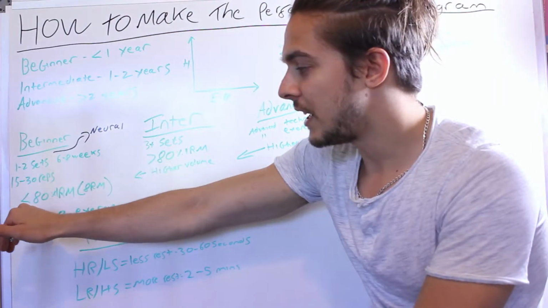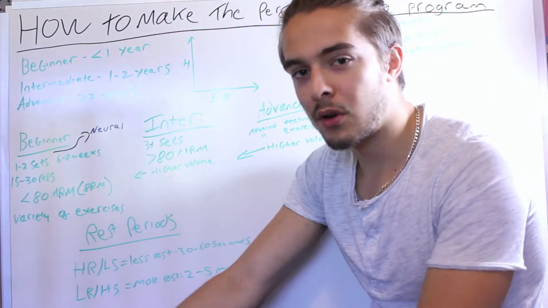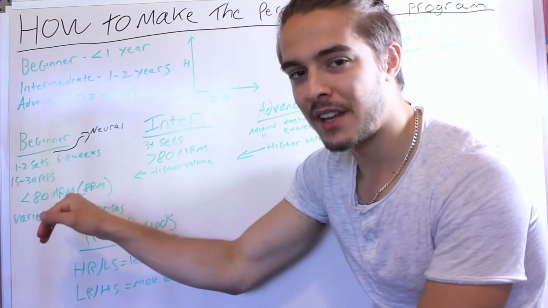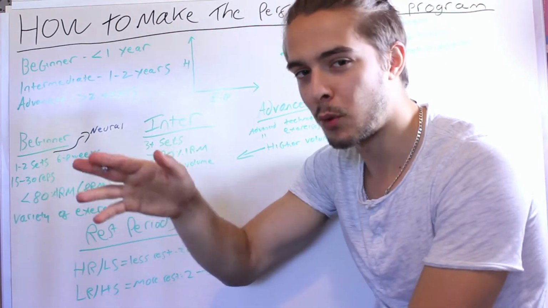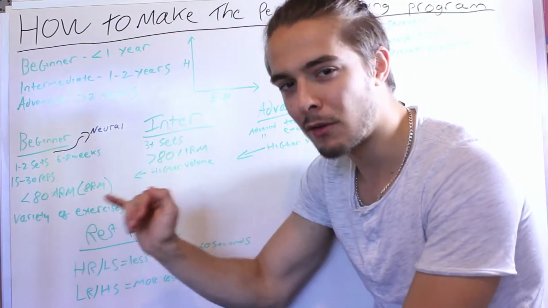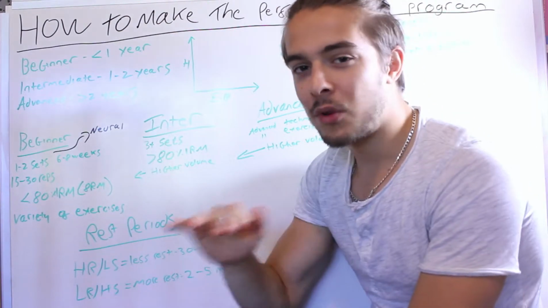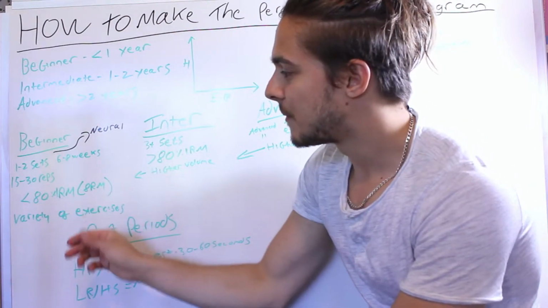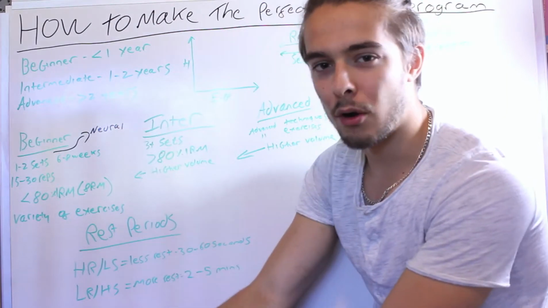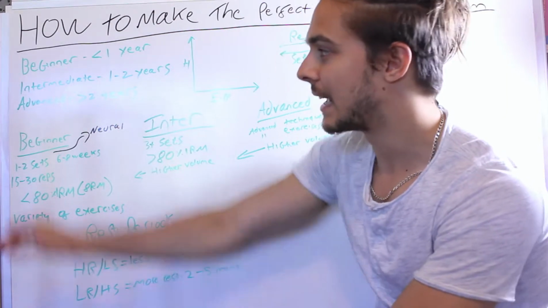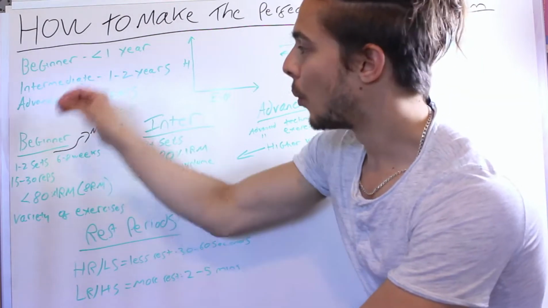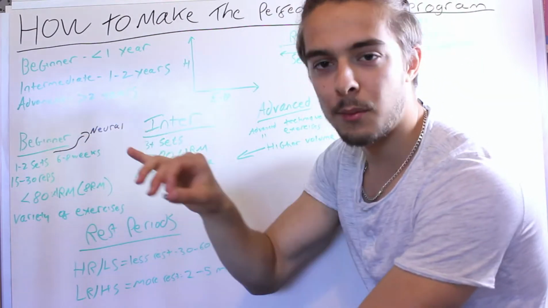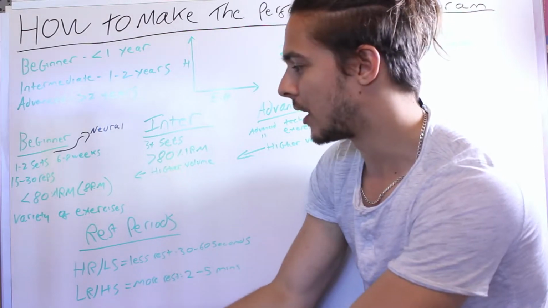For the first year, you want to focus on less than 80% 1 rep max in your lifts. That 80% of 1 rep max generally is about 8 repetitions. So you don't want to go underneath 8 repetitions for the first year of your training. I forgot to mention that it's 1 year of constant training; 1 to 2 years of constant, more than 2 years constant training.